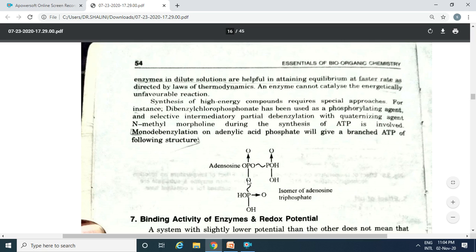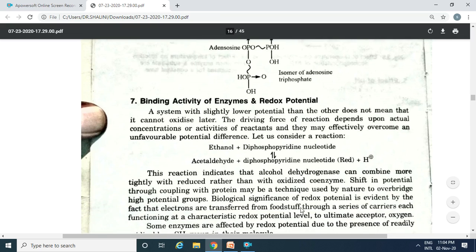So these are a few examples. For example, monodebenzylation of adenylic acid phosphate will give a branched ATP of this type of structure, and this is the branched type of ATP, which is an isomer of adenosine triphosphate.